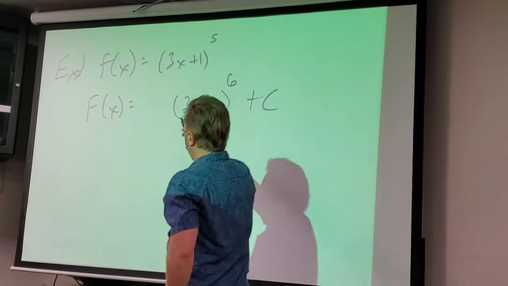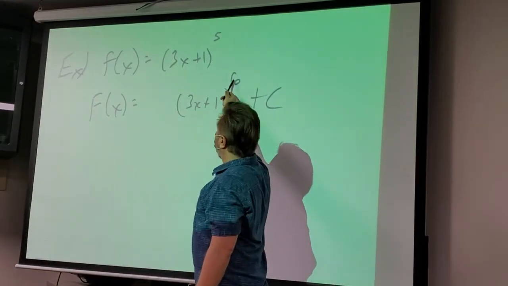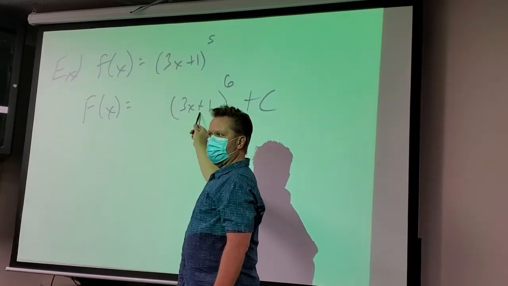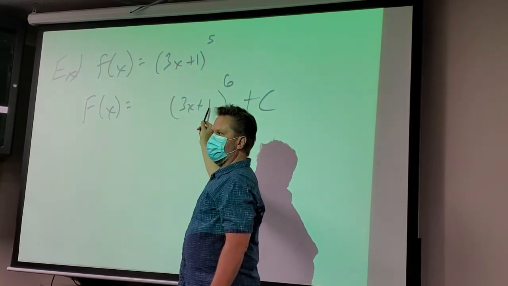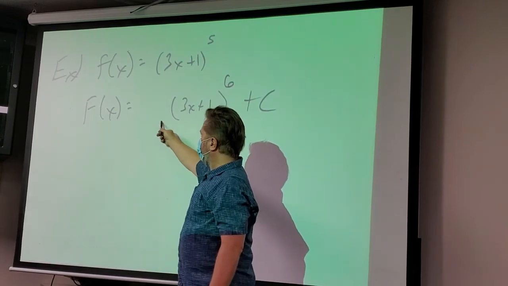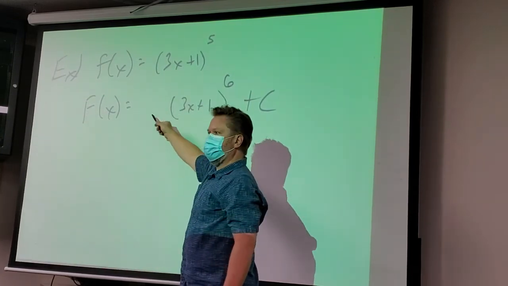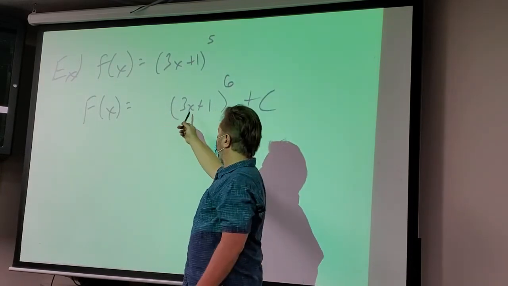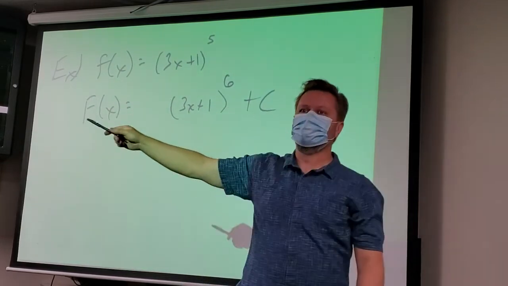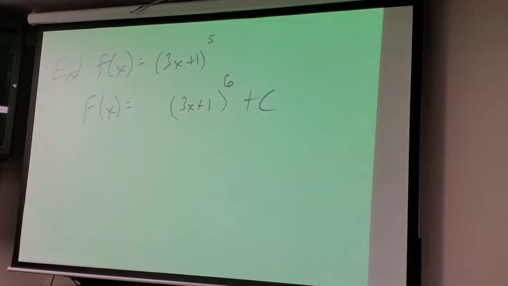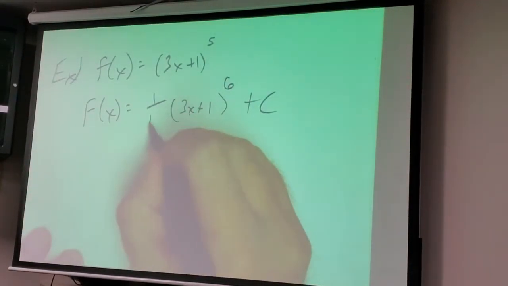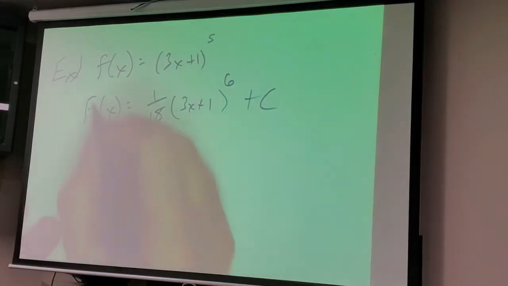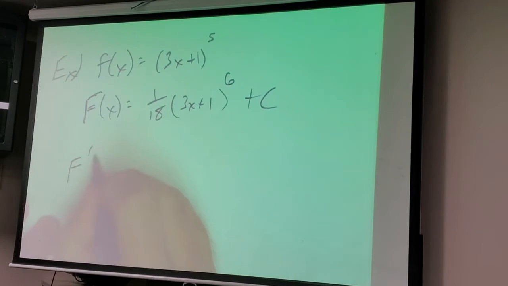Yeah, there has to be a 1/6 here to kill the 6 that would come down. But then what else is going to come out? 3. So you have to have a 1/6 to kill that 6 that would come down, and you have to have a 1/3 to kill that 3 that would come out. So you'd have to have a 1/18. Let's check it. What is big F prime?